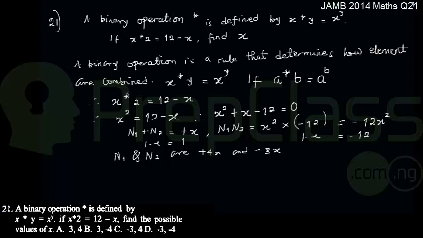So plus 4x and minus 3x will replace plus x in this quadratic equation. So I would have x squared plus 4x minus 3x minus 12 is equal to 0.